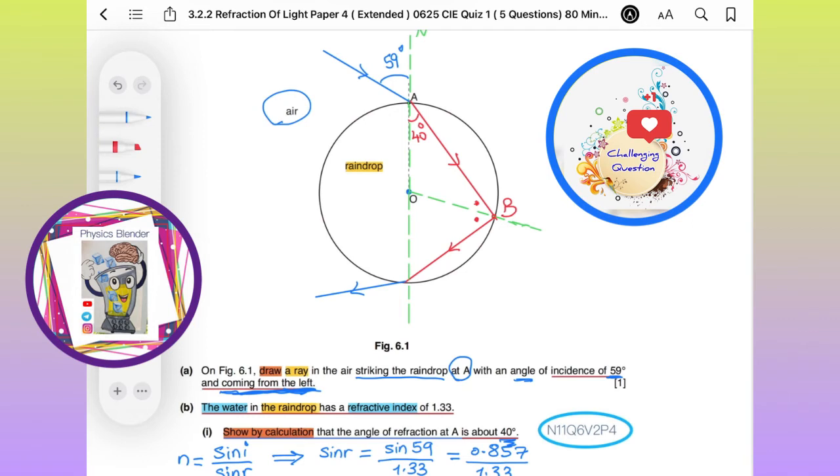It's not a flat boundary. So how to draw the normal? In this case, you apply the law of reflection, angle of incidence equal to angle of reflection. But here, the ray will be refracted in air and emerge. So this is the emergent ray, away from the normal.